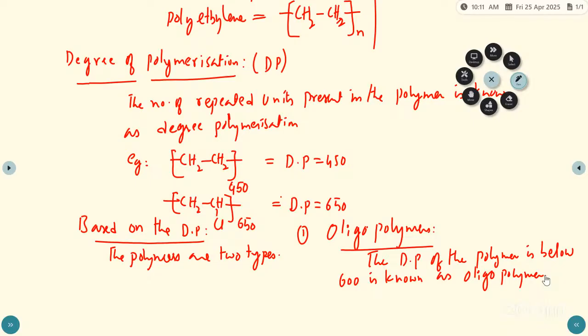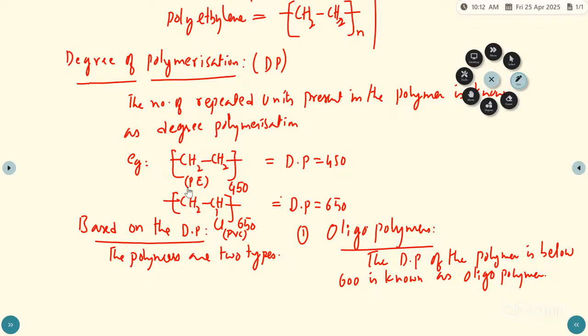So in these two, which is oligopolymer? 450 is nothing but polyethylene, and this is nothing but PVC. In the above, polyethylene is an oligopolymer because the DP of that polymer is below 600.